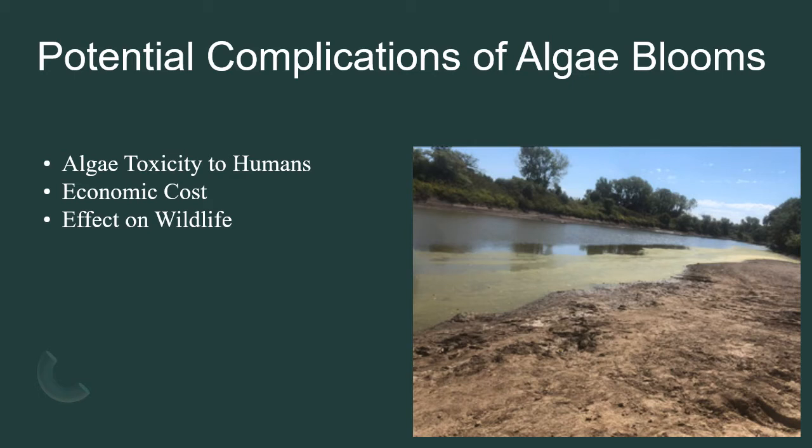Eutrophication and these algae outbreaks account for almost one half of the impaired lake area and 60% of impaired river reaches within the United States alone. And algae-related water quality impairment can have very substantial negative economic effects.